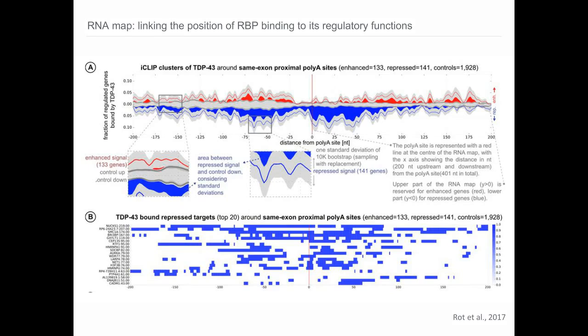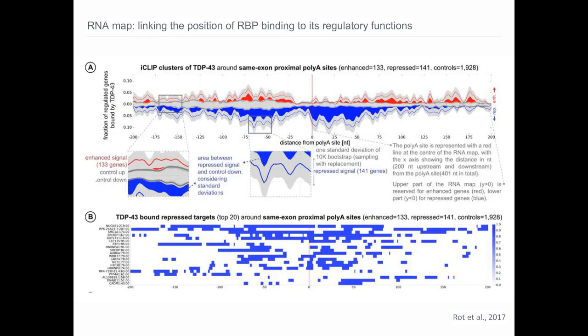But then you have this gray region around them that represents standard deviation of 10,000 bootstrap analysis of this binding signal. So it's telling you how variable is this signal around kind of summarized binding. So the filled blue region is really taking into account the variance of data as well as coverage. So the regions of filled enrichment is really what we would consider significant and reliable.